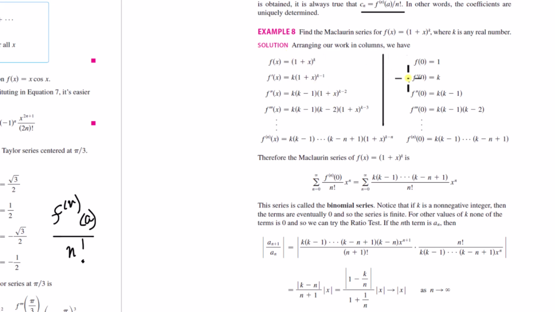So when you're plugging in 0, it's just whatever the leading coefficients are in front of the 1 plus x term. So here it's 1, then k times k minus 1, k times k minus 2. So the nth derivative at 0 is just this without the 1 plus x to the k minus n. Okay, now from here you go into the actual Taylor series formula.